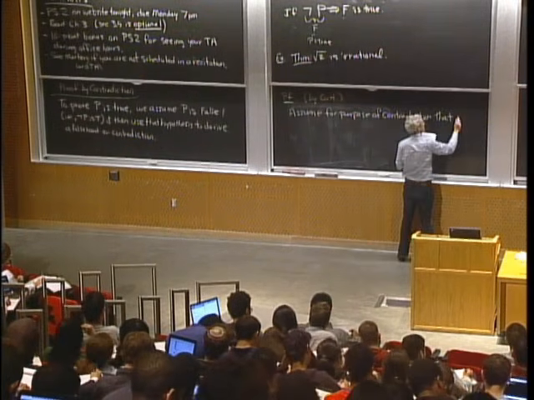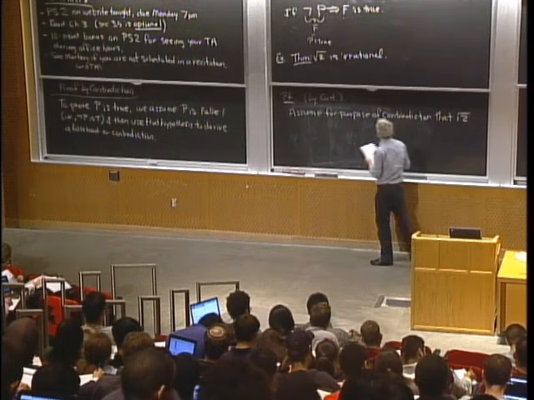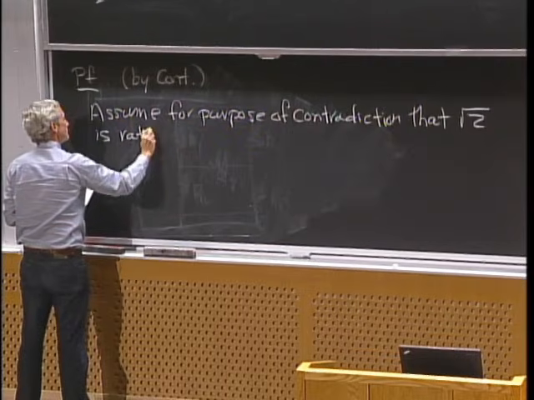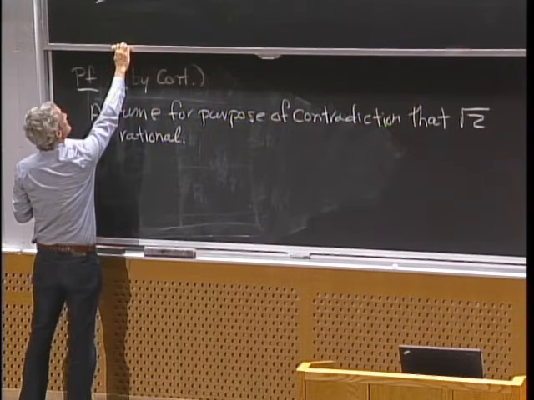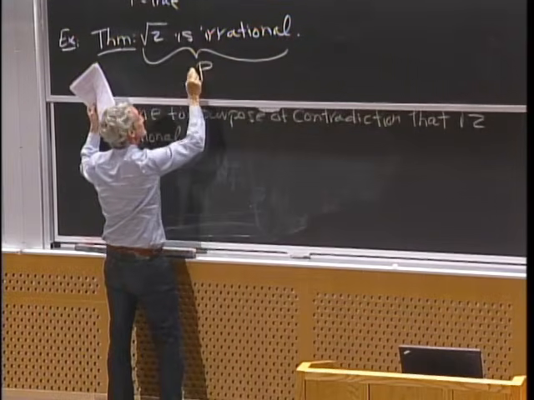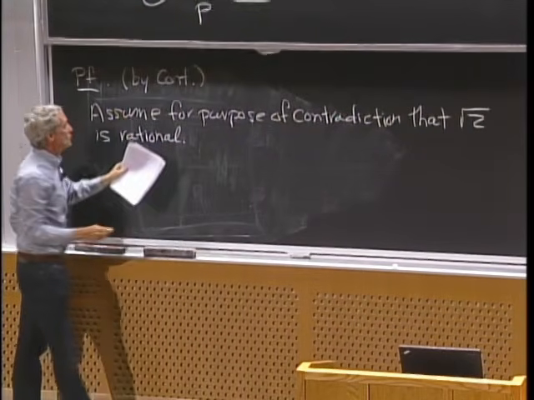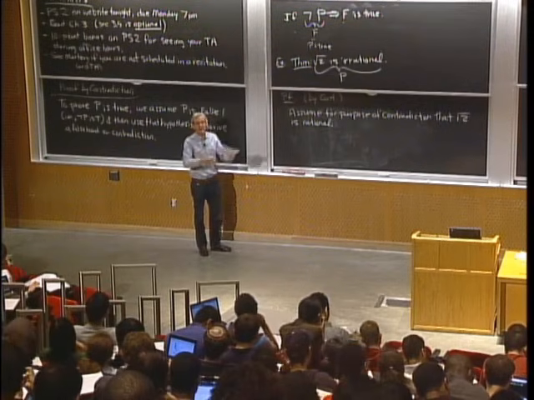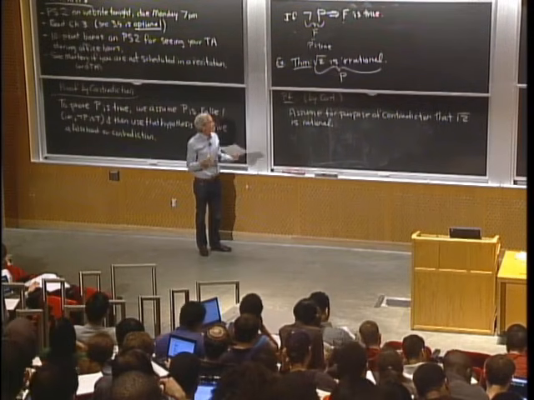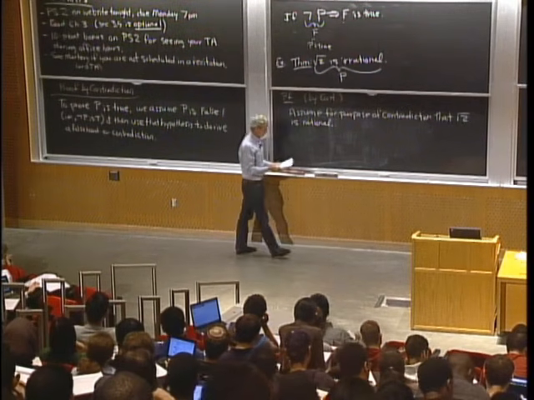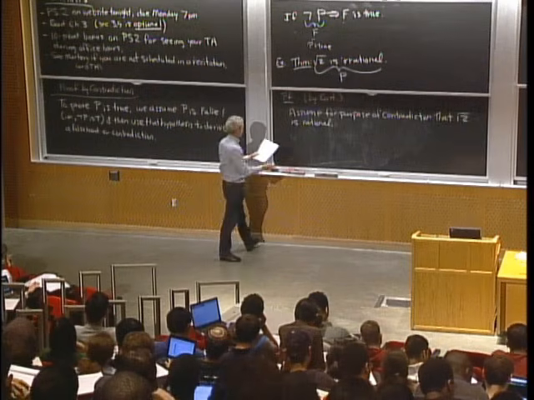In this case, that would be the square root of 2 is rational. So here's what we're trying to prove. That's P. I'm going to assume not P, namely that the square root of 2 is a rational number. Then I'm going to get a contradiction or a falsehood, and then I'm going to know that P was true after all. All right, so let's see where this leads us.